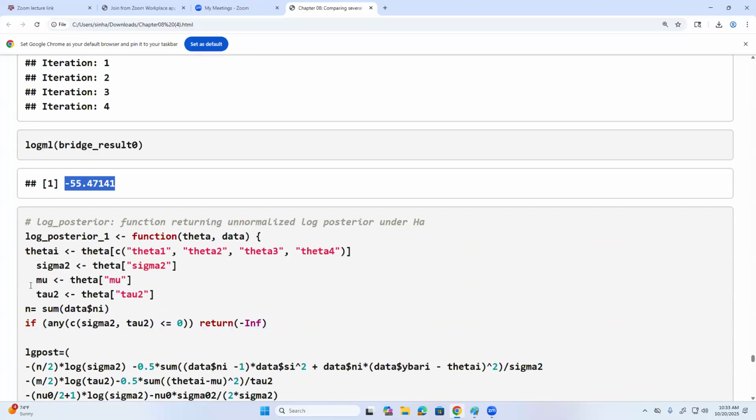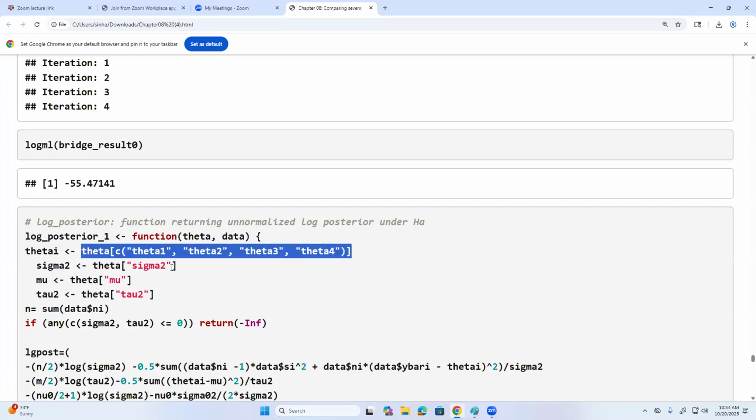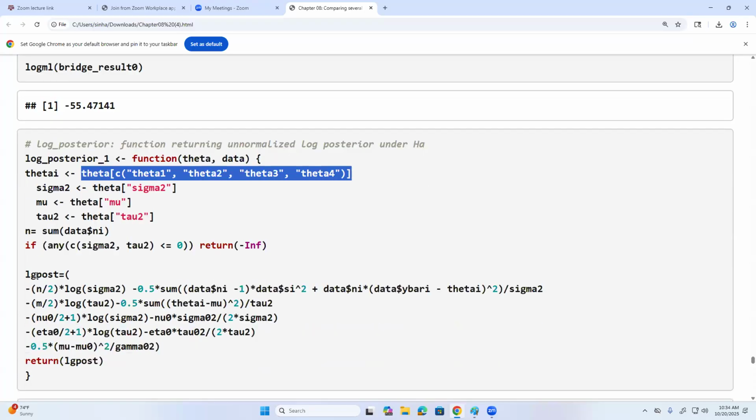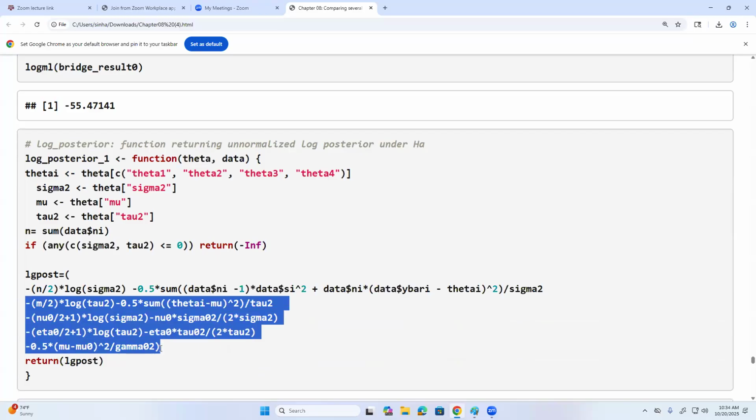Then I attempted to calculate the marginal likelihood under the alternative hypothesis. Therefore, I call it log posterior of 1, where 1 means the alternative. At this time, I have 4 parameters: theta 1, theta 2, theta 3, theta 4. This is how I do it. Then the log posterior part remains the same as before.